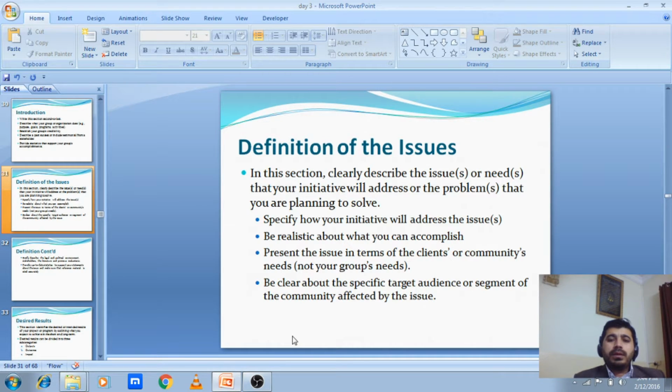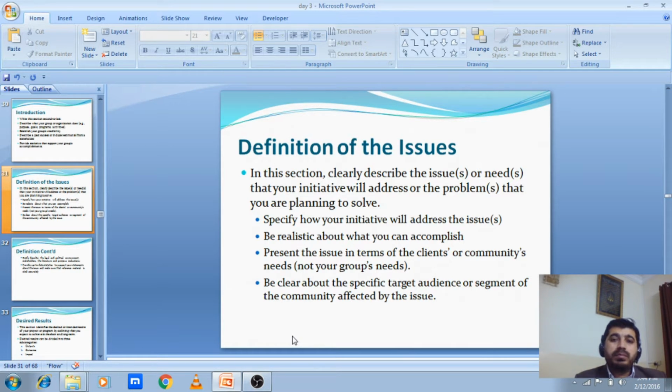Now, this is the third section, which is the definition of the issues. In this section, you will clearly describe what the issues are. What are the problems that need to be addressed, that you are actually trying to solve? So what are those areas? And you also need to highlight here why these problems are important to be addressed.